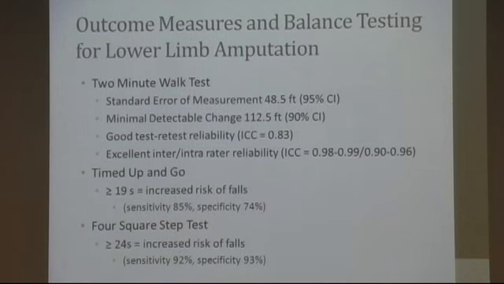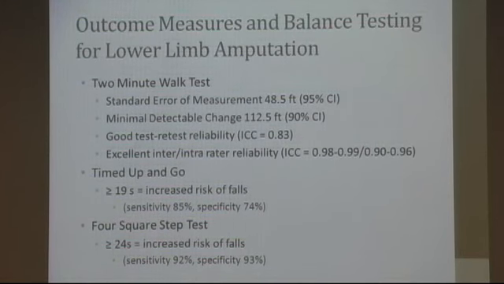That means the standard error of measurement is the extent to which observed scores are dispersed around the true score, so like what kind of variability there is with what you find. And then the minimal detectable change is how much change is a true change, and that's 112 and a half feet. And it's found to have good retest reliability, and then high inter and intra-rater reliability.